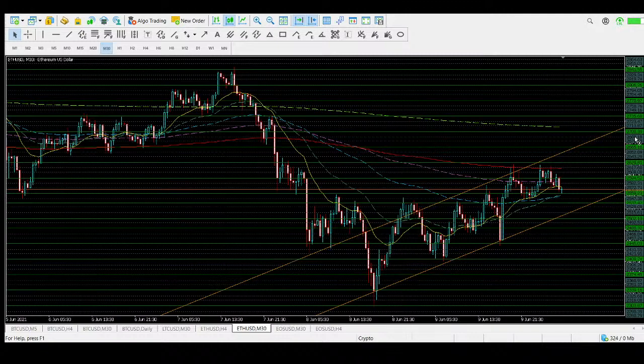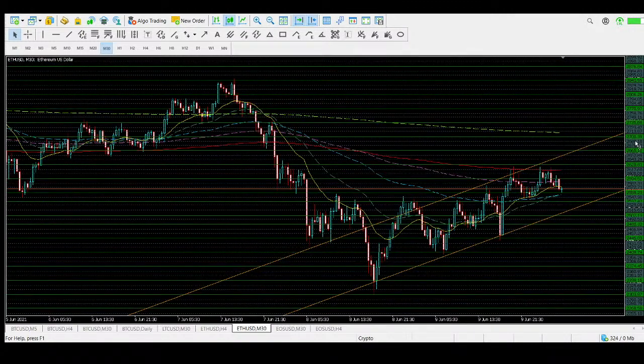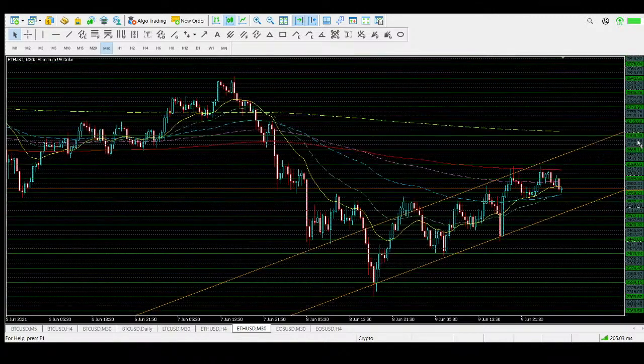These levels usually stay within until the indicator picks up another structure or another zone, and that will depend on what's happening in the market.